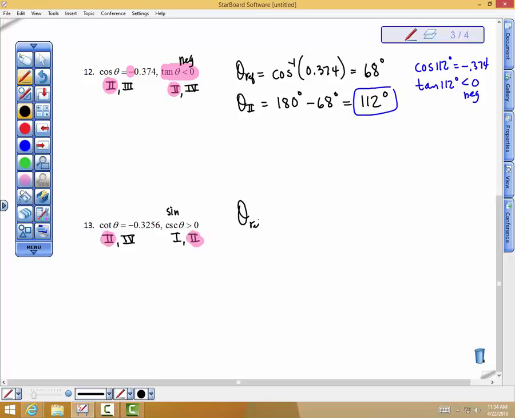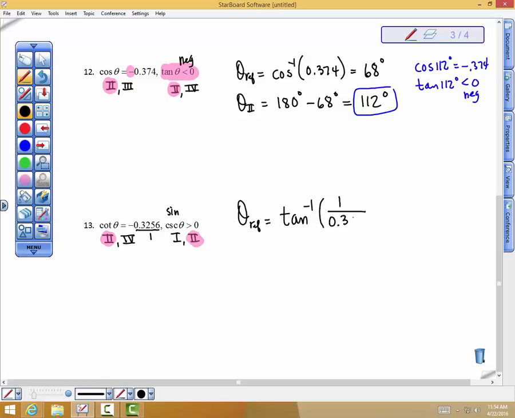A reference angle, when you've got cotangent, remember cotangent is defined here as 0.3256 over 1. If you ever want to put a 1 underneath a number, you're allowed to. So to find the reference angle, you have to go second tangent. That's the only button you have on your calculator. You don't have a cotangent button. And tangent is the reciprocal of cotangent.